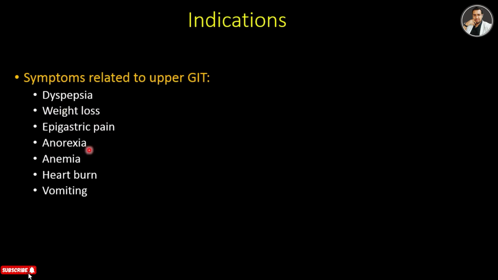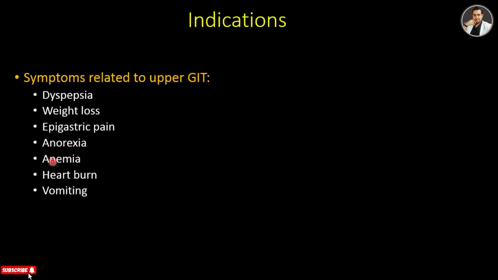Anorexia is a condition where patients don't feel hungry and feel that the stomach is full, and it often refers simply to an eating disorder characterized by food restriction, body image disturbance, fear of gaining weight, etc. And then anemia.